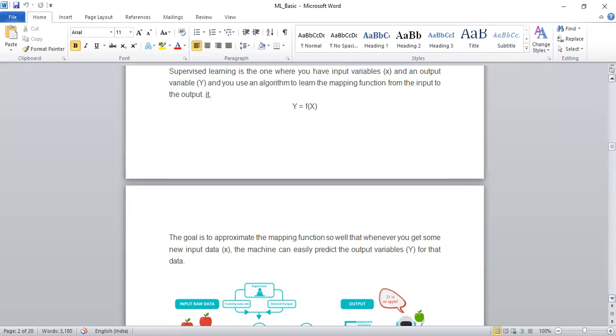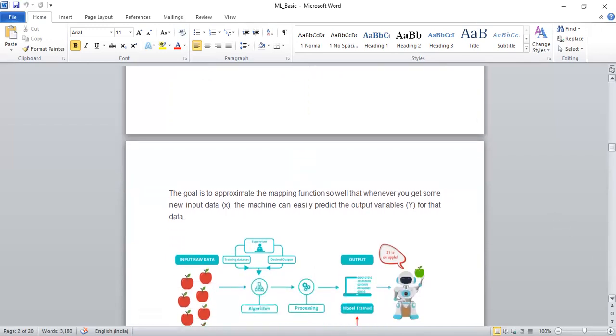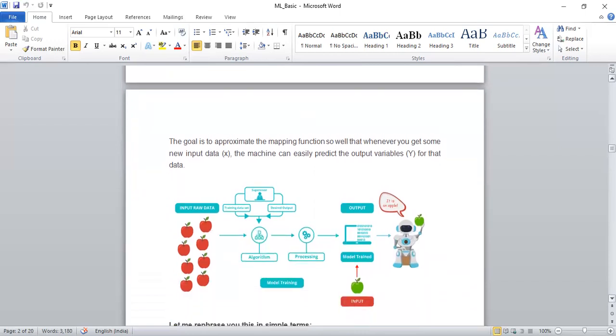Understood? Just tell me whether you have understood or not. Ujjal, have you understood? Yes, ma'am. Okay. Rajkamal, you have understood?